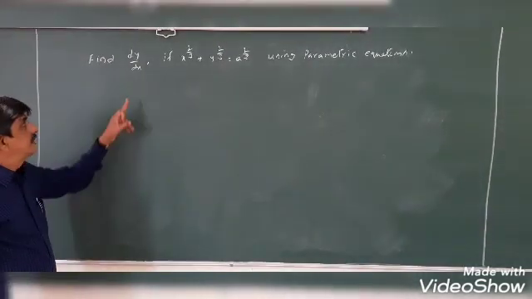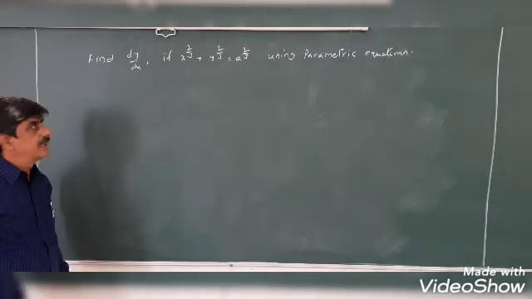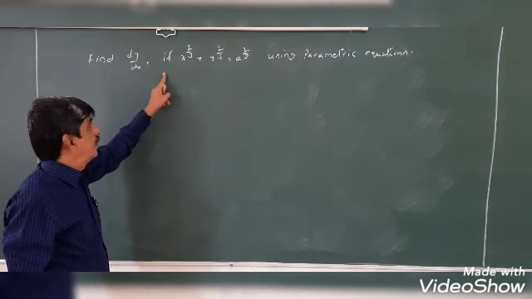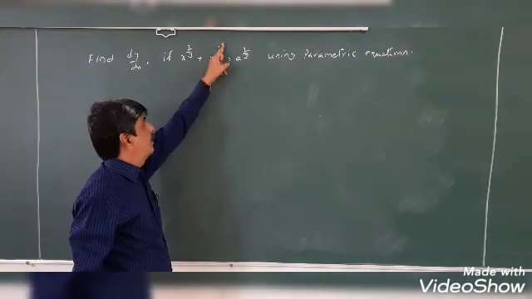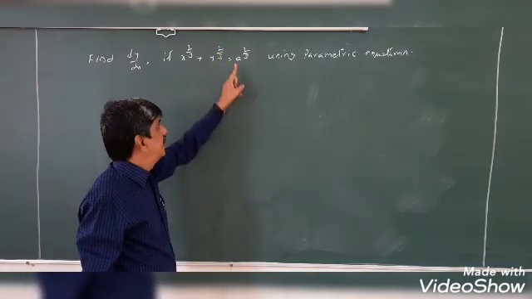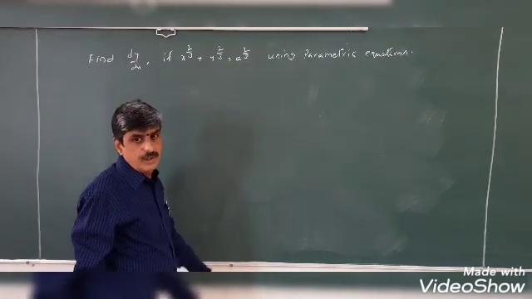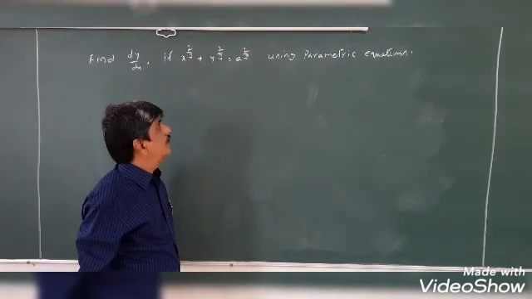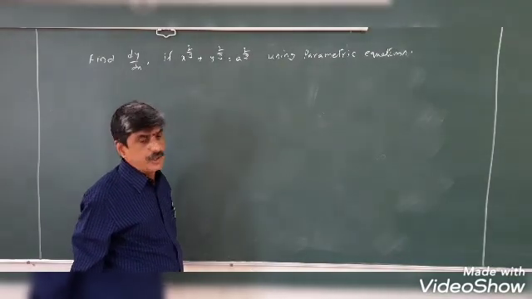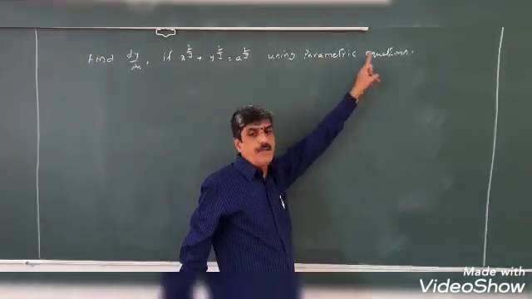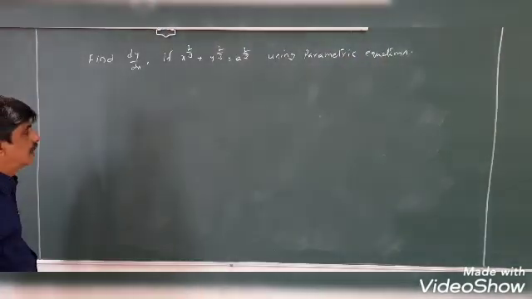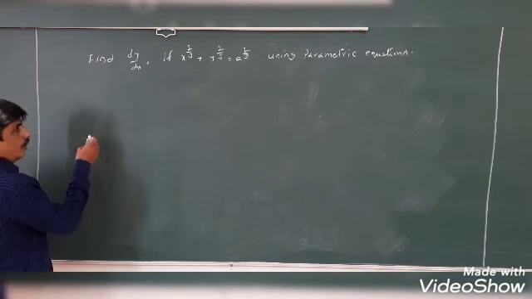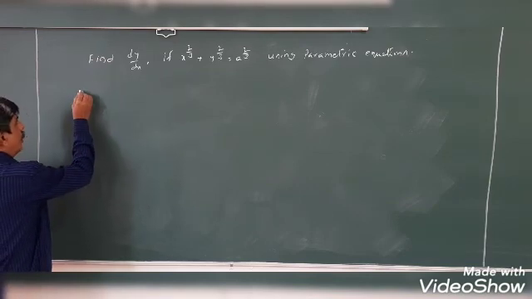Find dy by dx if x to the power of 2 by 3 plus y to the power of 2 by 3 is equal to a to the power of 2 by 3, using parametric equations. Solution.